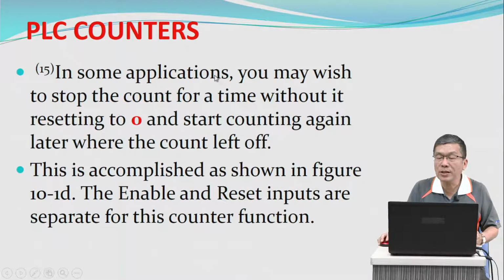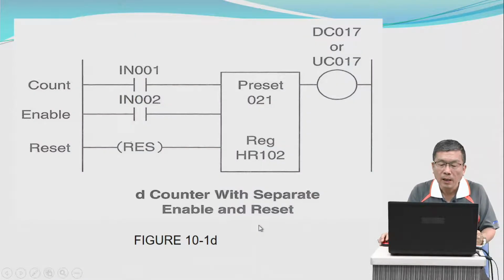In some applications, you may wish to stop the count for a time without it resetting to 0 and then start counting again later where the count left off. This is accomplished as shown in figure 10.1d. The enable and the reset inputs are separate for this counter function. This picture shows the counter with separate enable and reset.